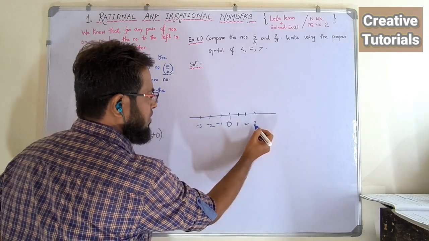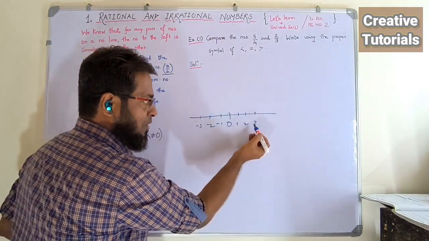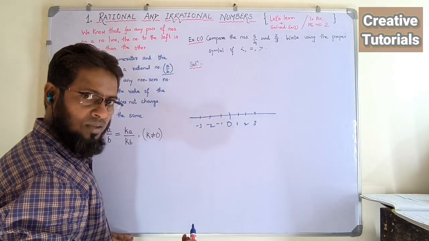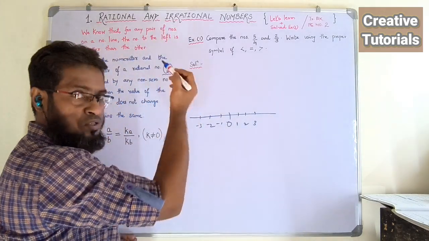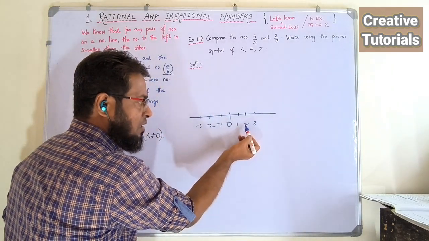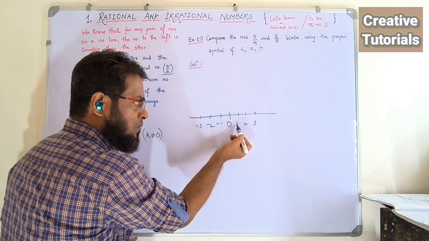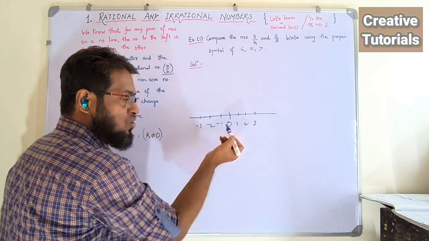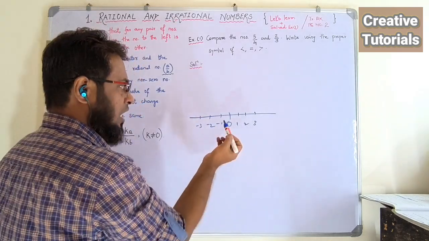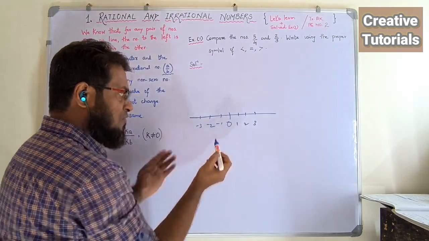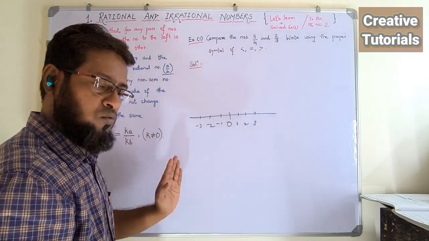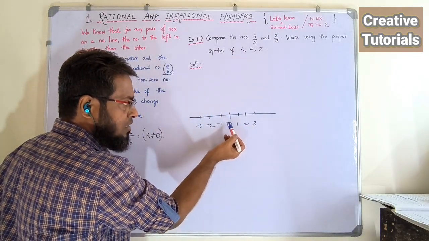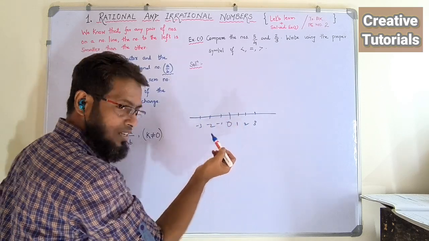Suppose if I check this number, 3. So the number to the left is 2 and 2 is smaller than 3. Right? That is this true. If I check this number, 2, the number towards the left of 2 is 1, which is eventually smaller than 2. Same thing goes here as well. When we come on the left hand side of 0, we have 0 and then the number towards the left of 0 is -1.